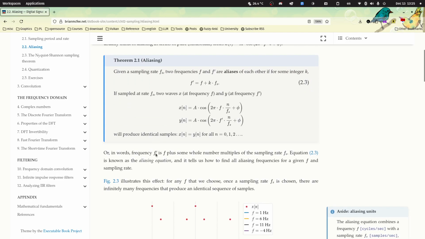So frequency f prime is f plus some whole number multiple of the sample rate fs. This equation is known as the aliasing equation. It tells us how to find all the aliasing frequencies for a given f and sample rate.